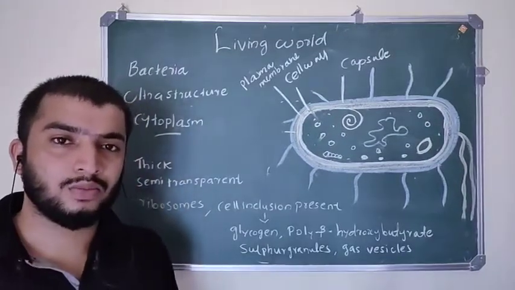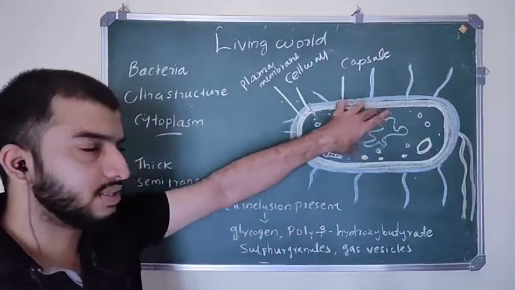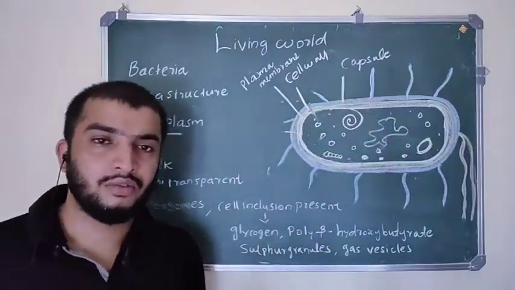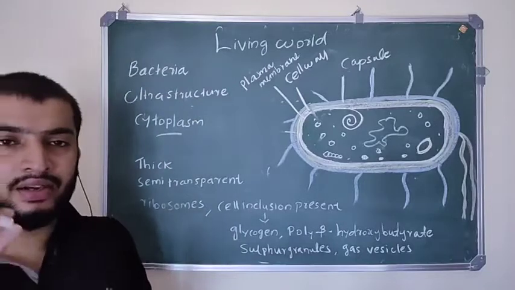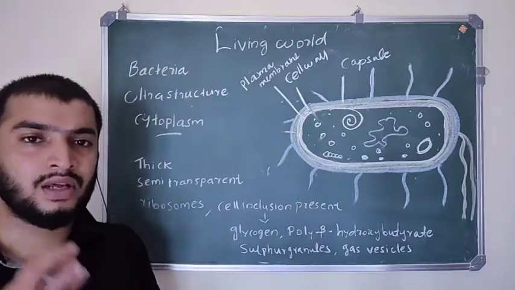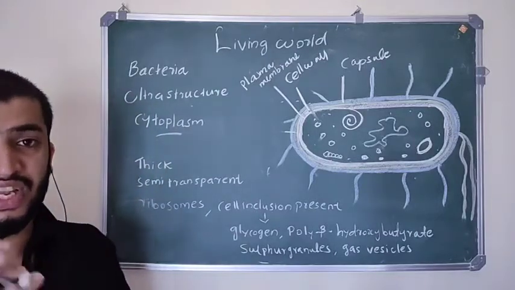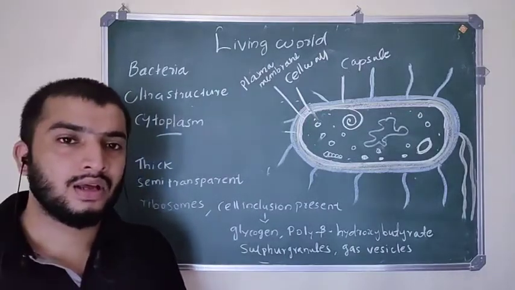Bacterial cytoplasm. You can see here, this is the bacterial cytoplasm, which is thick and semi-transparent. In this cytoplasm, ribosomes are present, which are 70S ribosomes.